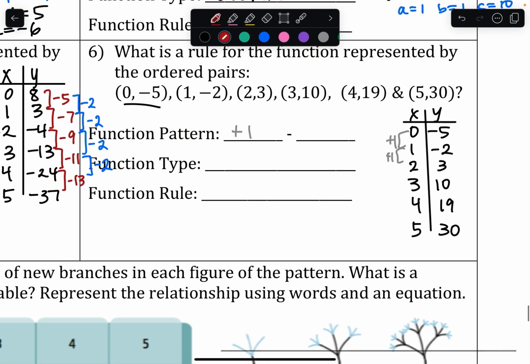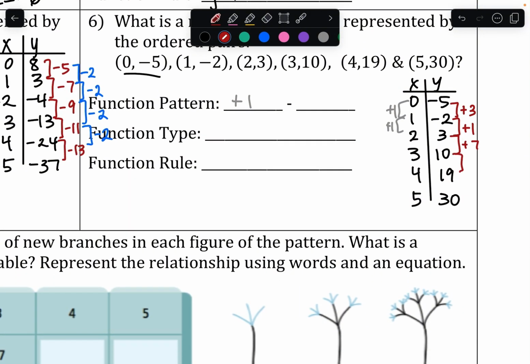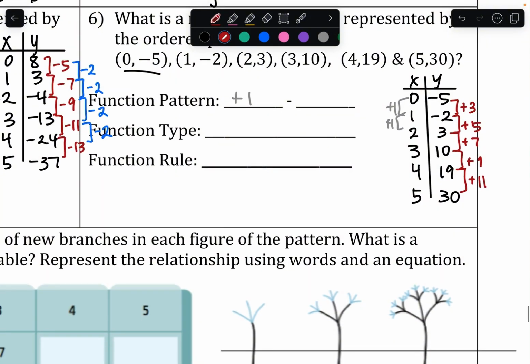And then looking at the y's, from -5 to -2 is adding 3, then we are adding 5. Oh, we're not adding 1, we are adding 5. Then we are adding 7, and then we are adding 9, and then we are adding 11.